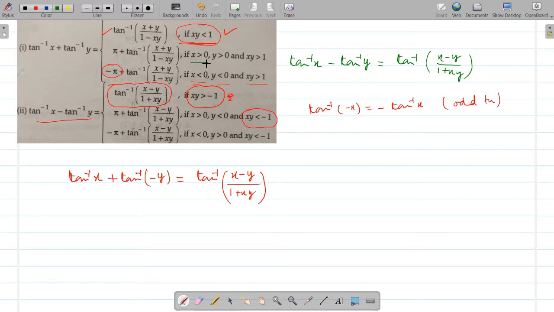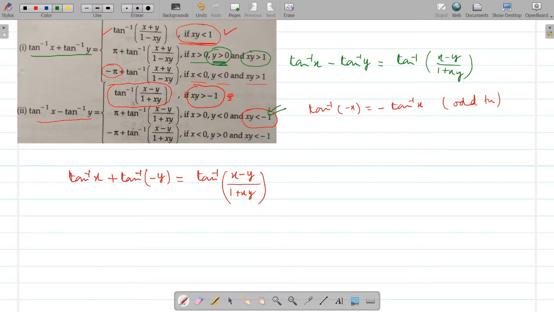As x is greater than 0, y is greater than 0 and the product is greater than 1 when I'm solving tan inverse of x plus tan inverse of y. Now as I have replaced this y value by minus of y, what has happened? X into y has become less than minus 1, you can see here.